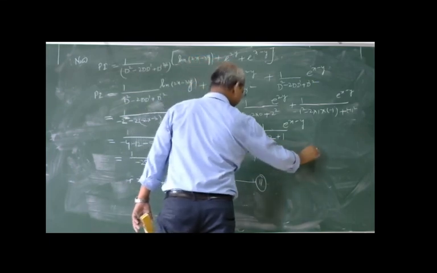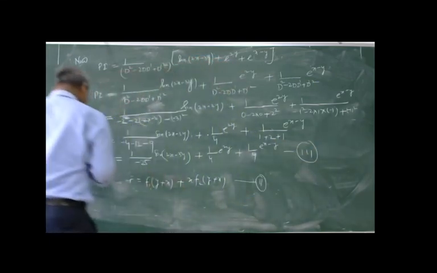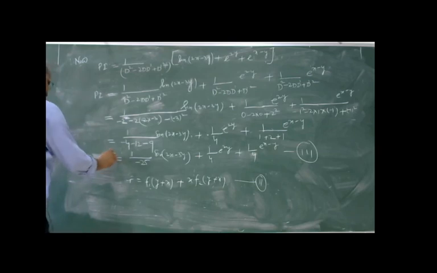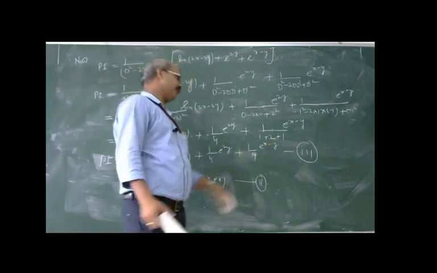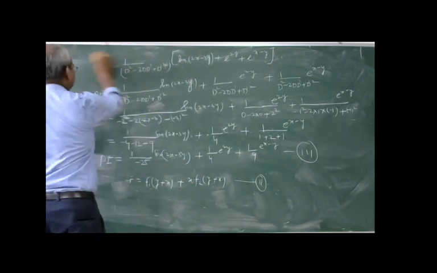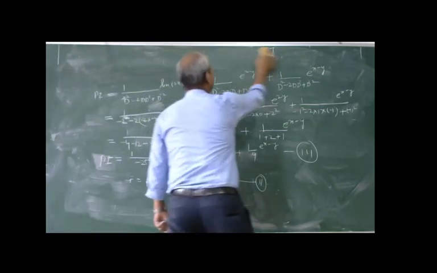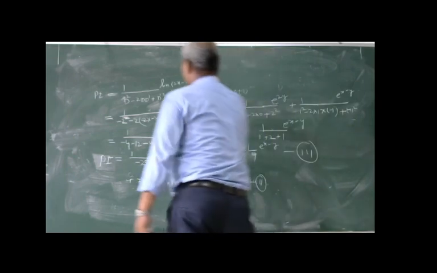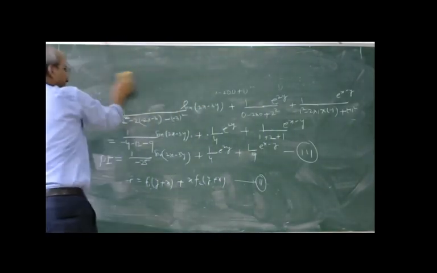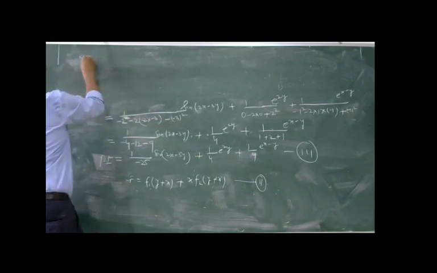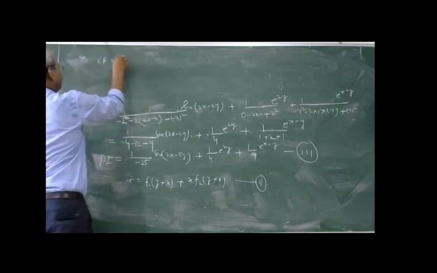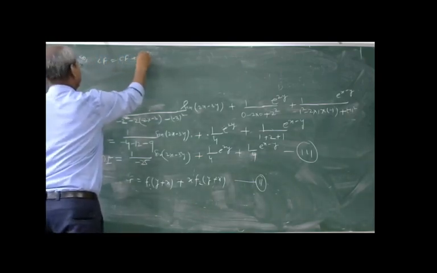This is equation number 3, this is the PI. Now combining these together, CF as well as PI, you will get the complete solution of the given equation 1. So the complete solution is equal to CF plus PI.